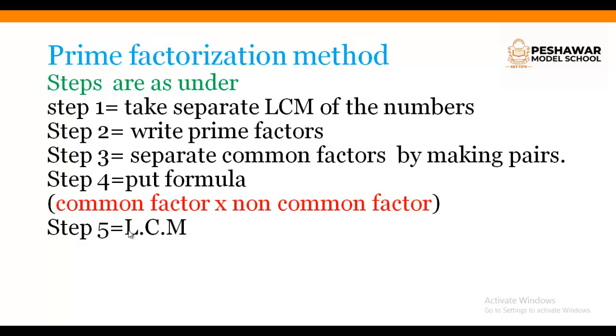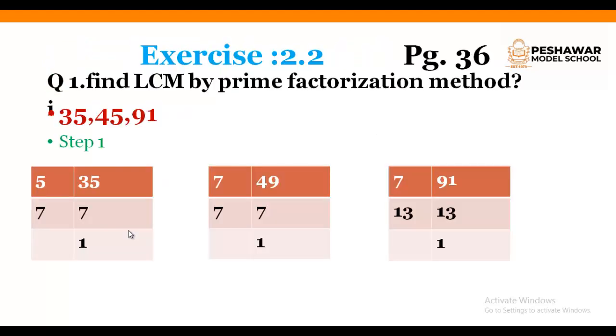So I'm going to apply all these steps in our question. Exercise 2.2, which is present in your book, page number 36. The very first question of your exercise, that is question number 1: find LCM by prime factorization method.